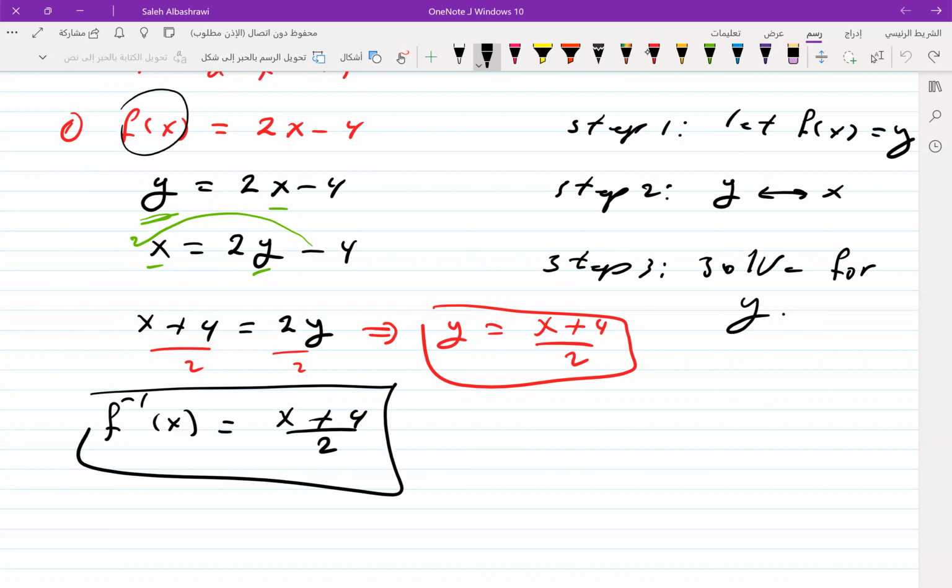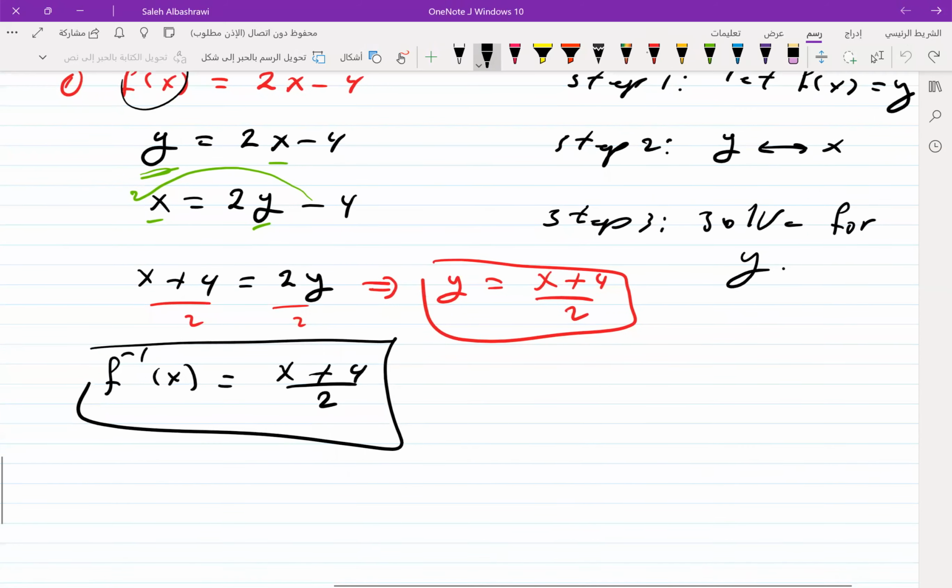Step number 1, let f of x equal y, then interchange between x and y. Third step, solve for y, which means leave y on one side and everything else on the other side, so it is y equal. We are writing y as a function of x and some constant. So this is the inverse for the given function.